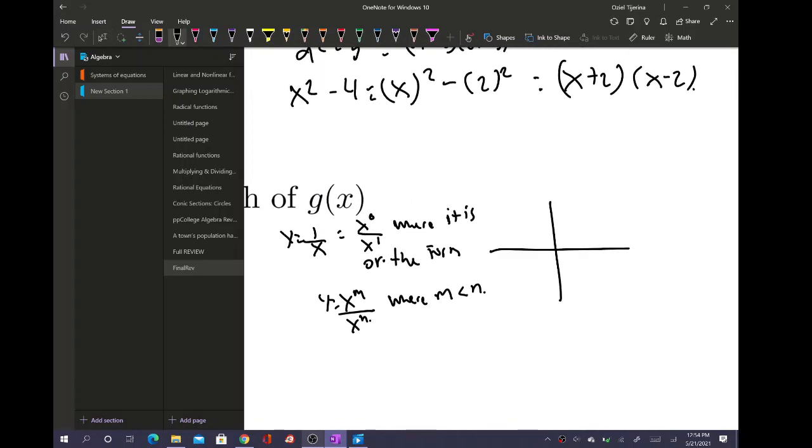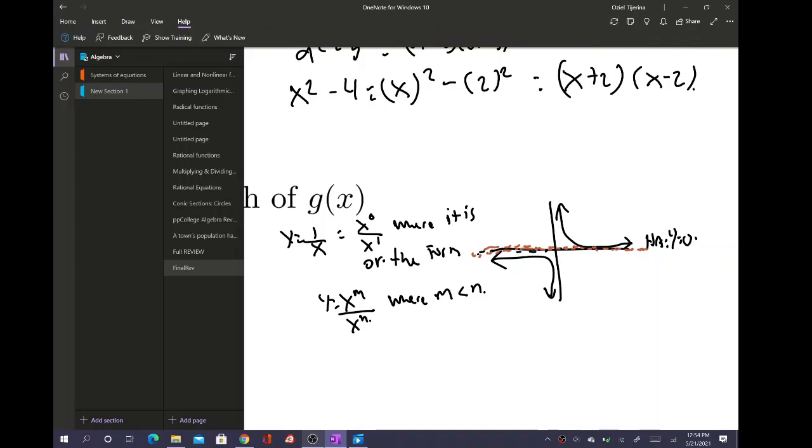And if you look at the graph of 1 over x, you would get that the horizontal asymptote is y equals 0, because you see how there's a curve like this. It doesn't cross this line here, right?